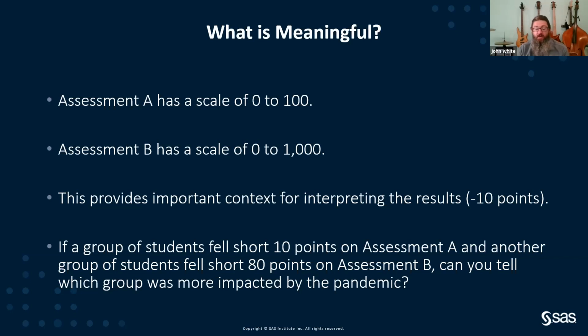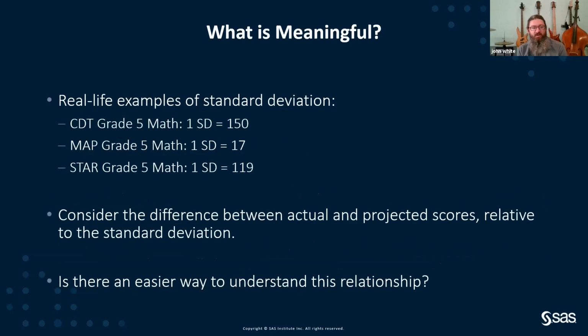But let's say in a different example, students fell short by 10 points in assessment A, but 80 points in assessment B. Which group was more impacted by the pandemic? It's really hard to understand because they're totally different scales that are being used by these two assessments. So again, we can kind of standardize these values, if you will, to put some context around it.